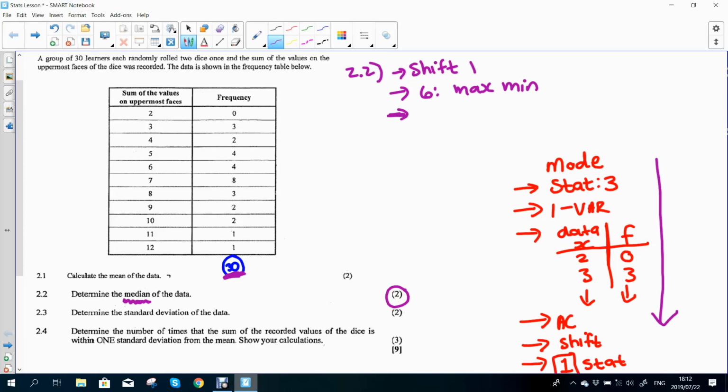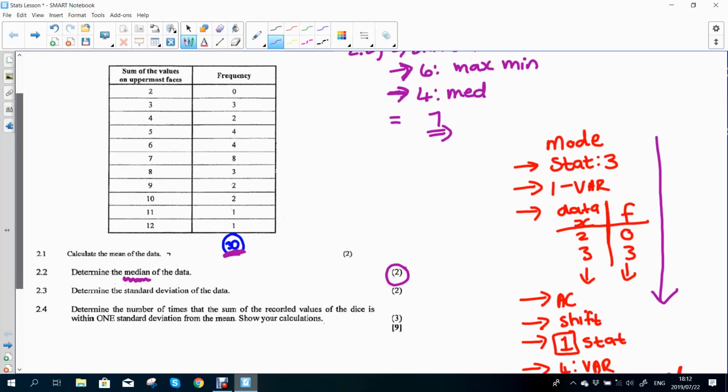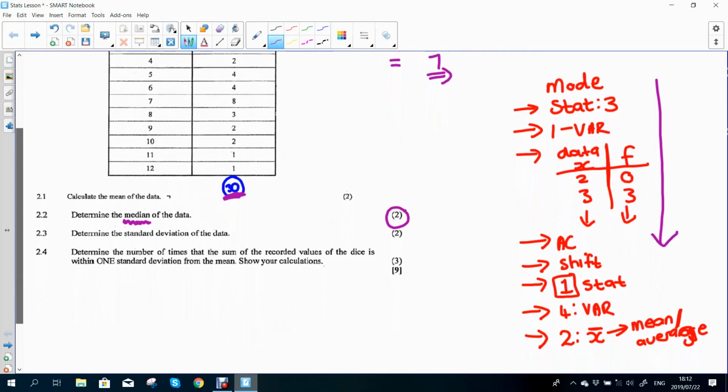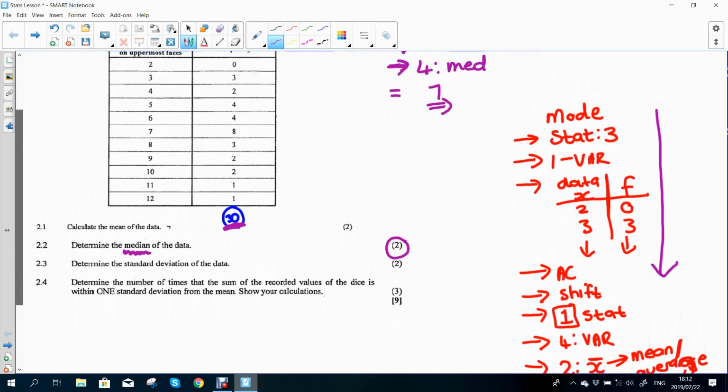The blue ones will not have that option, so unfortunately you will have to do it manually, like I said. And after you chose that one, there's a button which is dedicated to the median, which is number 4. So it says MED for median. And if you then press the equal sign, you will get an answer of 7, which is exactly what we just got using the manual way of finding the median.